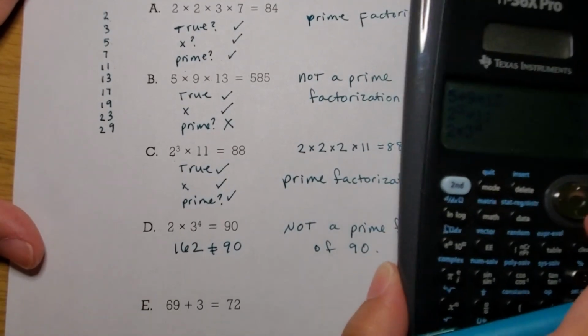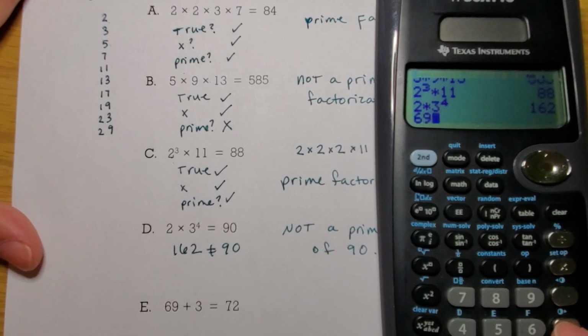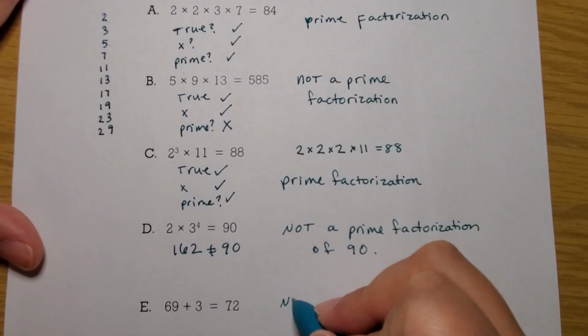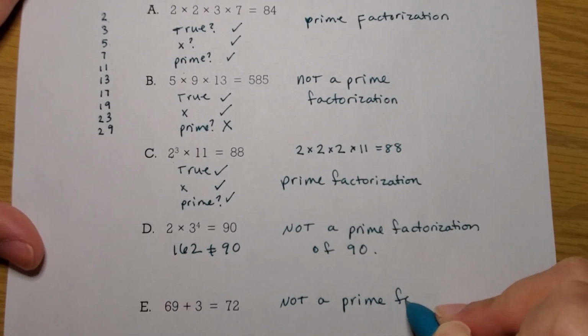That one was easy. Okay, let's check this next one. So we have 69 plus 3 is 72. So we at least get a true statement this time. Is it all multiplying? No, we have a plus. So since we have a plus, this is not a prime factorization.